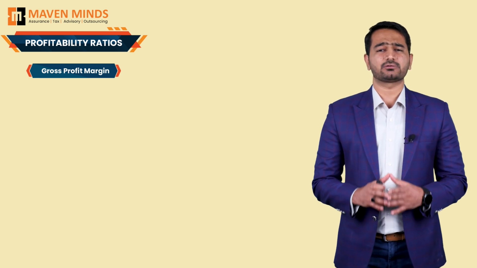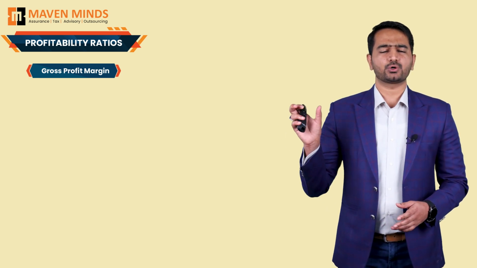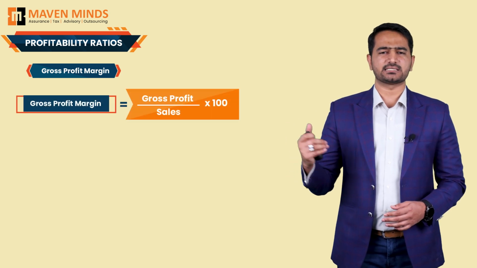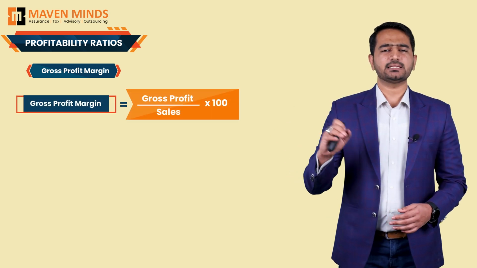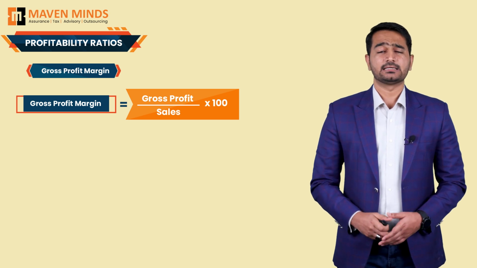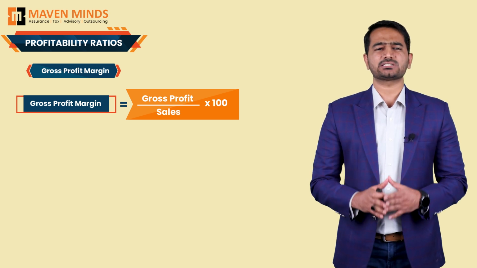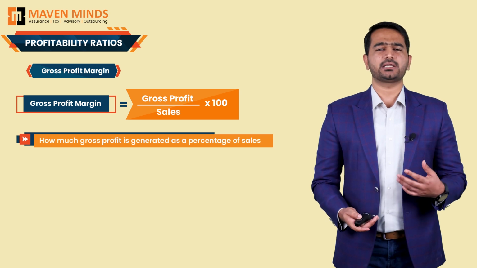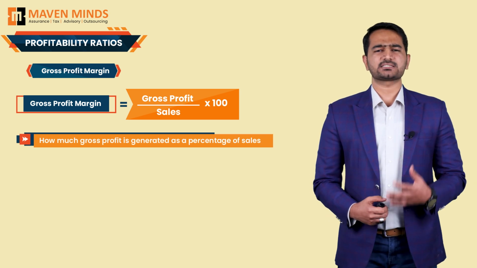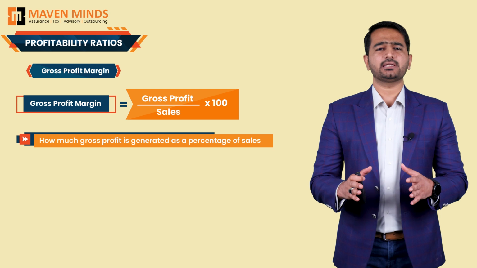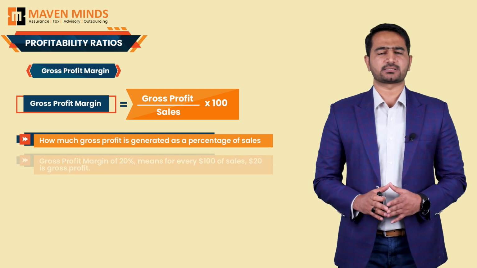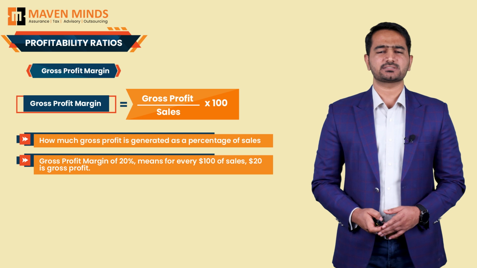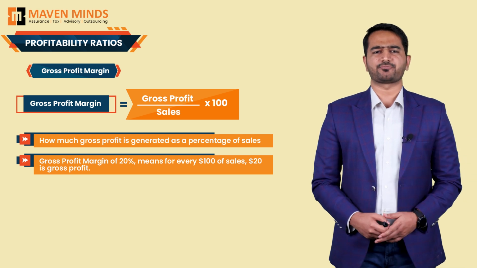This ratio is calculated by taking your gross profit as the numerator and dividing it by sales and then multiplying the answer by 100. The gross profit margin tells you how much gross profit is generated as a percentage of sales. For instance, if you calculate a gross profit margin of 20%, it indicates that for every $100 of sales, $20 is gross profit.